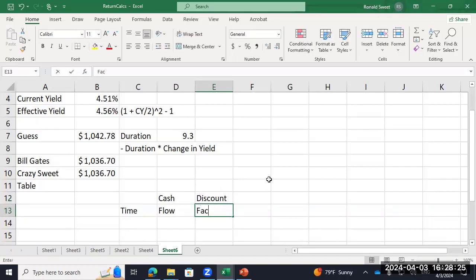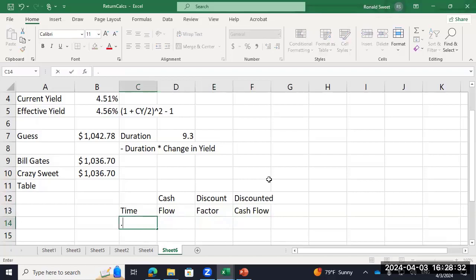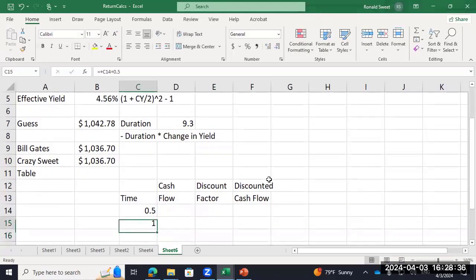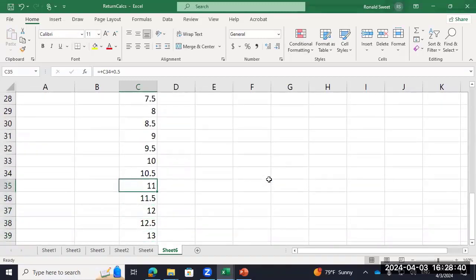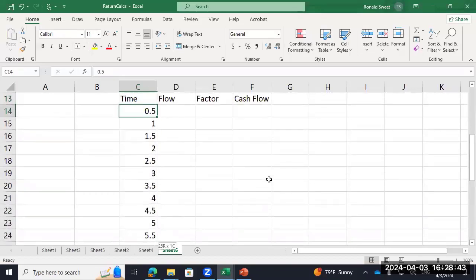Discount factor. Discounted cash flow. So time, we get a coupon in half a year, another one in a year. We do that all the way out for 10 years.